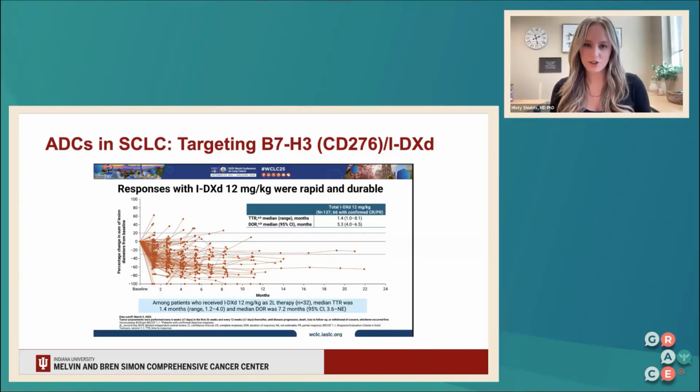And that's what we do see on this agent, that when patients had shrinkage, it was usually on the first scan at 6 weeks, even before that 2-month mark, and that it was durable over time. And that's what you can see, that it was maintained with duration of treatment, and the many months range is what we want to see for those having response on this therapy.